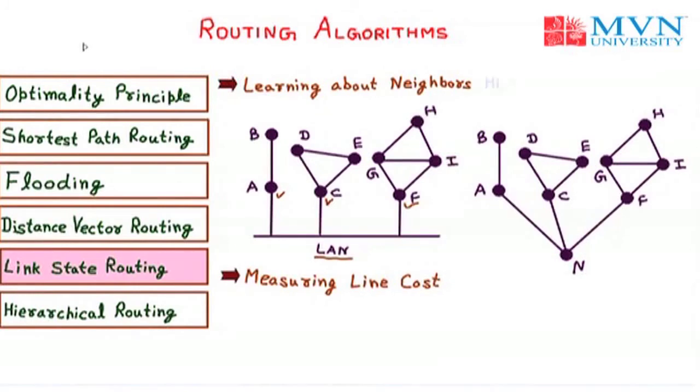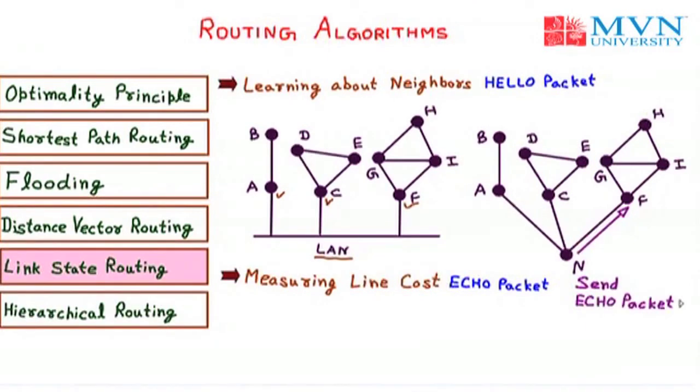In the first step, learning about neighbors, we used the hello packet, and for measuring line cost we use the echo packet. The echo packet is used to find out the distance to the neighboring node. Router N will send the echo packet to any of its neighbors, and the other side will send the packet back immediately.